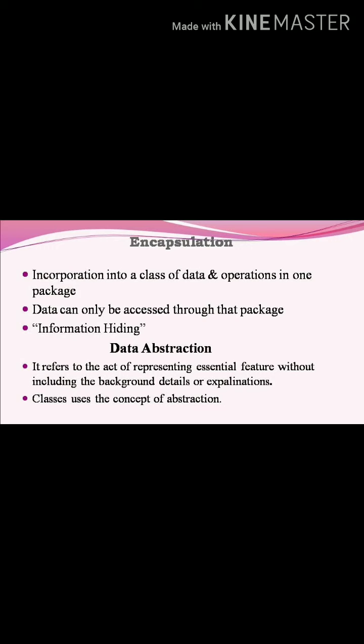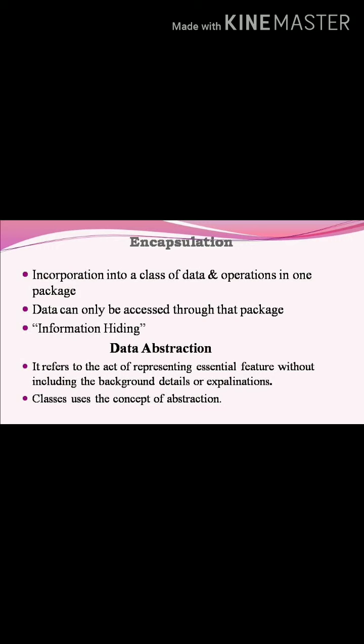The next feature is data abstraction. It refers to the act of representing essential features without including the background details or explanation. Classes use the concept of abstraction. A class defines a list of abstract attributes such as size, weight, and cost, and functions to operate on these attributes.